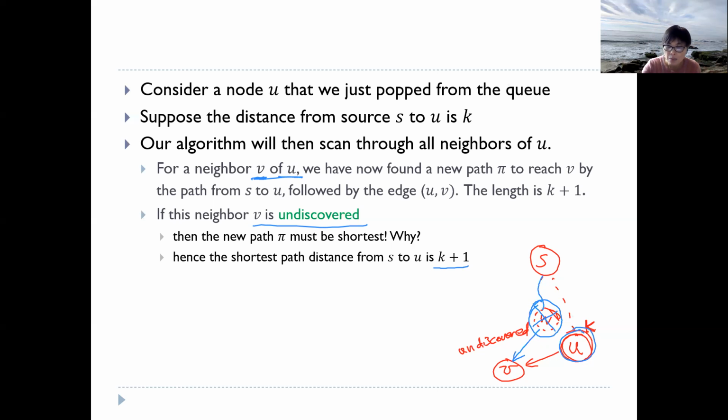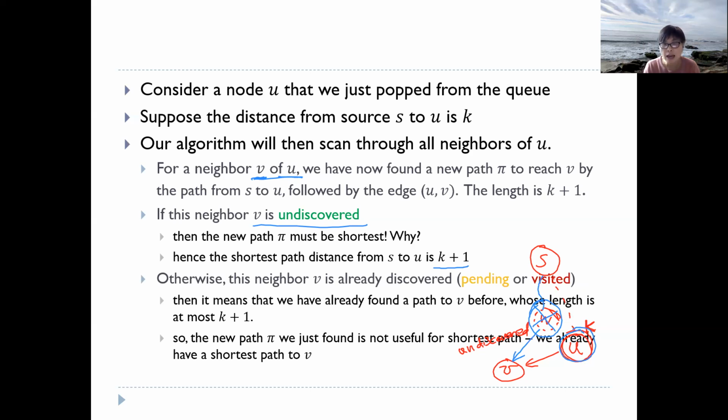All right, now, on the other hand, if we discovered a node V and the status of V is either pending or visited already, what does it mean? That means that I have already found a way to reach V, okay? And the path that I have found cannot be more than K plus 1. Why?